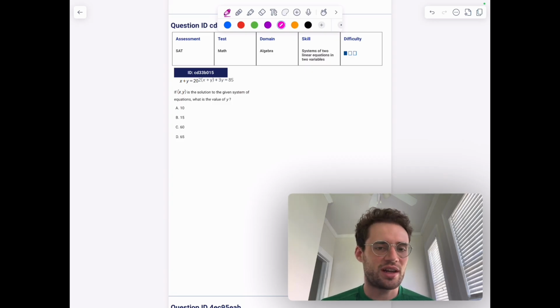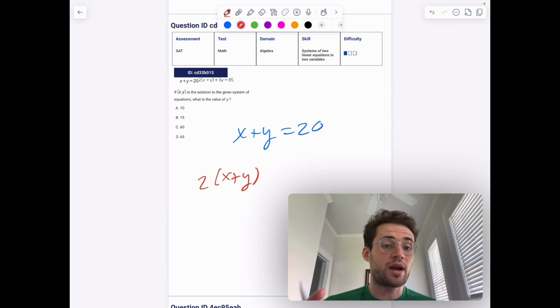As the font changes here, I thought it made this an exponent. It's not an exponent, I believe. Hopefully on the real test they won't have these formatting errors remaining. But x plus y should be 20, and 2 times the quantity x plus y, close parentheses, plus 3y equals 85.